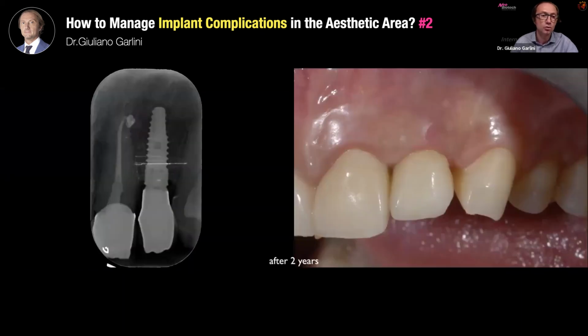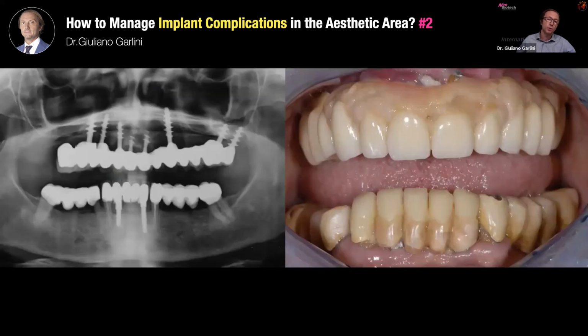And after 2 years, in 2019, we had this kind of situation. We had a small resorption of the papilla, but a good aesthetic result, fortunately.